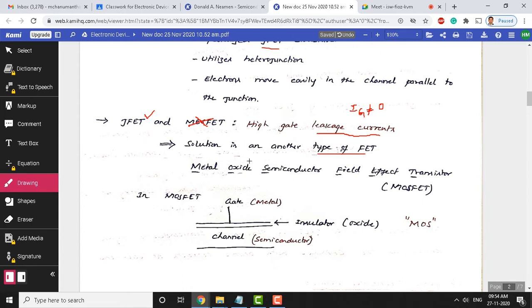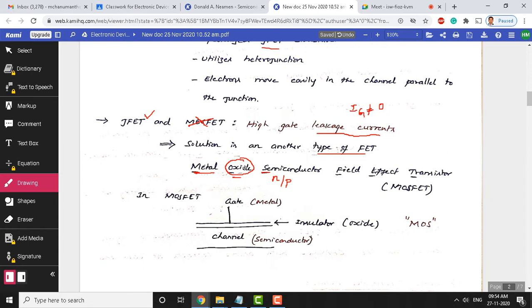Now, you can see that there is an oxide layer between the metal layer and the semiconductor layer. Semiconductor means it may be the N type or it may be the P type. So, depending upon that we have an N channel MOSFET and a P channel MOSFET. So, here you can see that the first three words give you the structure of the device, namely the metal, the oxide.